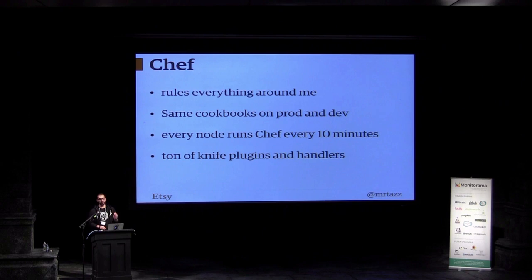We configure all of those things with Chef. So literally everything at Etsy is chefed. We use the same cookbooks in production and development. Every node runs Chef every 10 minutes. And we have a ton of plugins and handlers to actually get more insight into how the Chef setup works for us.